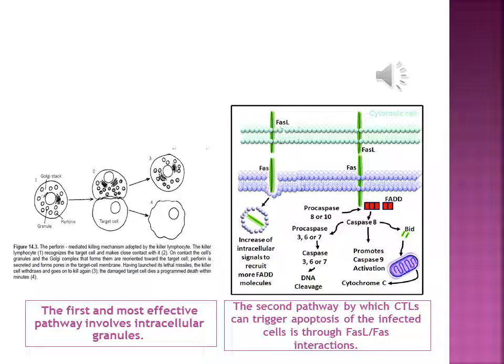The second pathway by which cytotoxic T cells can trigger apoptosis is through Fas-L-Fas interactions, which also triggers cell lysis.